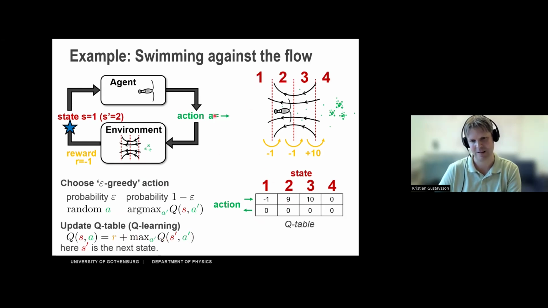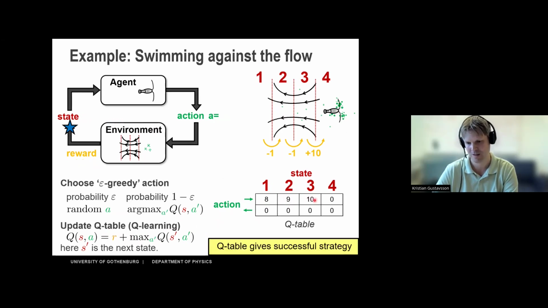And then if we get to a situation where we move from S1 to S2 prime, we get the current reward, which is -1, and then we add what we believe is the value of the next state, which is 9. So we get -1 plus 9, which is 8. So by doing this scheme, we finally get a policy that will take you to the nutrients by always moving to the right.